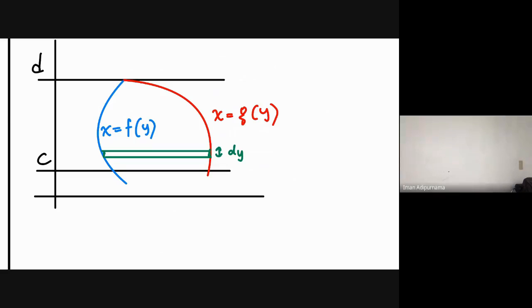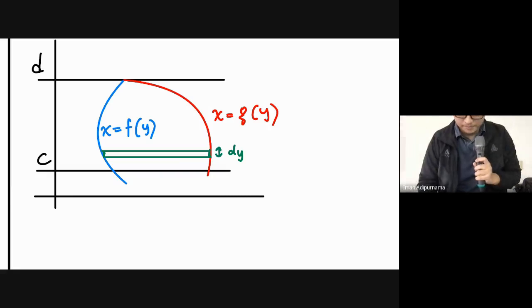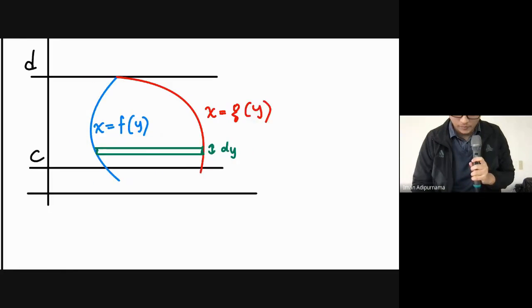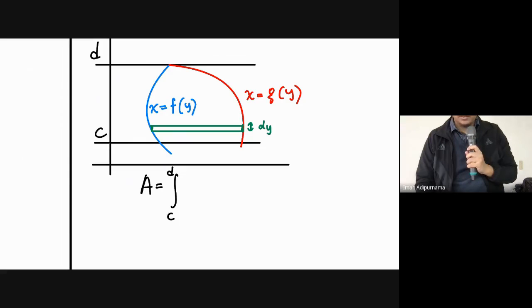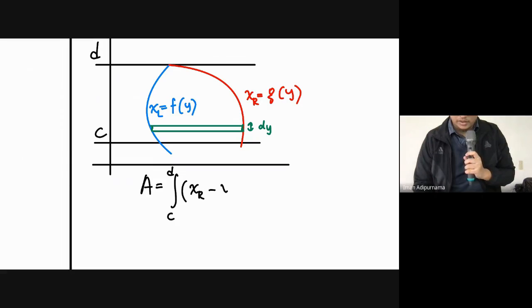Okay, so I'll write the area will be the integral from C to D of, let me write this as x_R minus x_L, meaning right and left, dy.